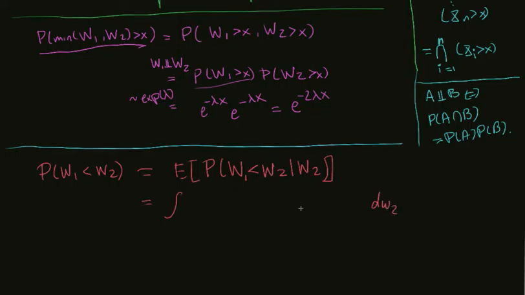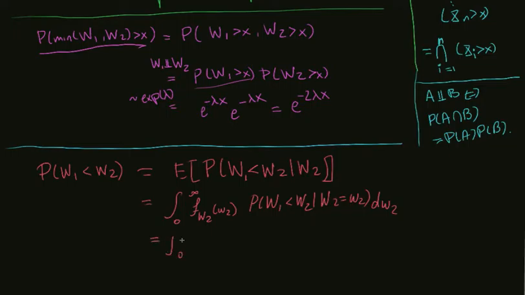And the thing I want to integrate is the marginal density of W2. And inside here, what I have is the probability that W1 is smaller than W2, given that W2 is equal to little w2. And we let that go from 0 to infinity.